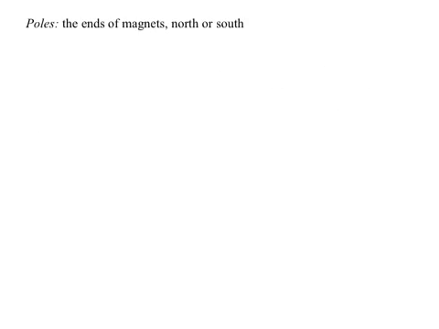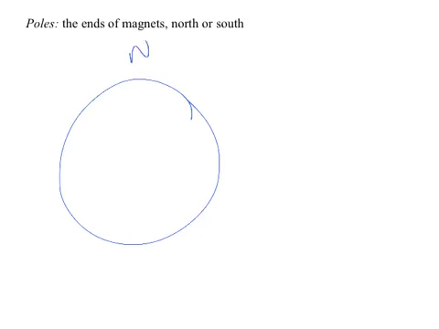The first thing to think about are poles, and poles are defined as the ends of magnets, and poles can be labeled as north or south. The name north or south is really derived from a magnet's behavior on Earth. If allowed to rotate freely, the north end of a magnet rotates and faces the geographic North Pole. So, we have the geographic North Pole and the geographic South Pole.